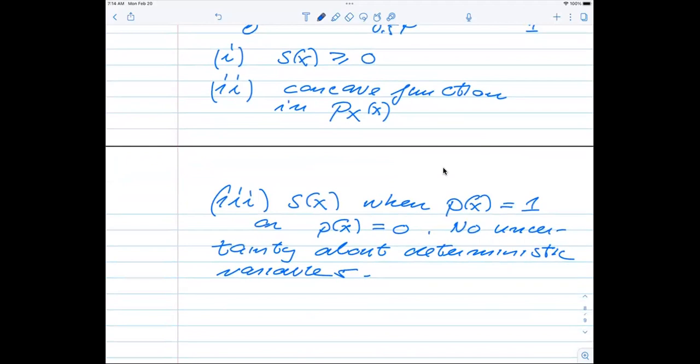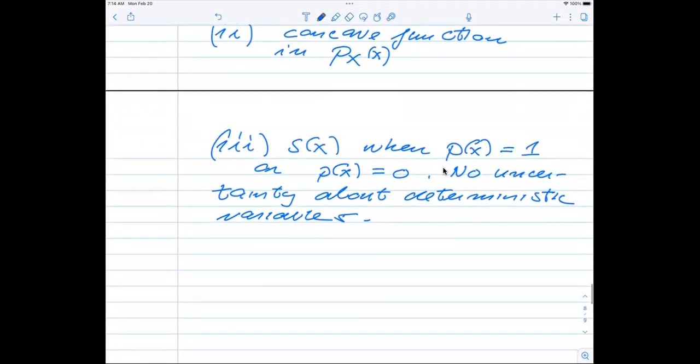The other thing is that if we have a given random variable that takes values in this set x, what you can also show is that the entropy S of x is larger than or equal to log of the cardinality of x, which is the cardinality of this set of events. And this equality holds only if x is a uniform random variable.